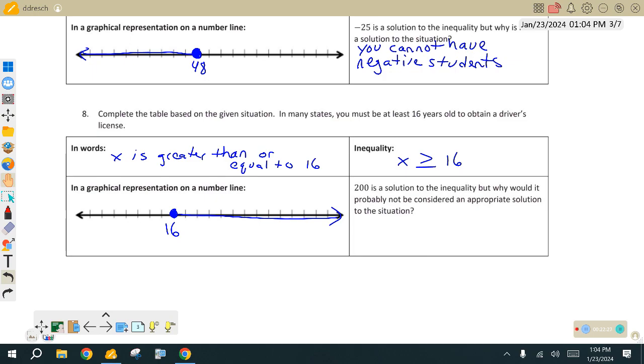But people do not live to be 200 years, at least not right now yet. Soon, maybe. We'll get there eventually. Not right now.